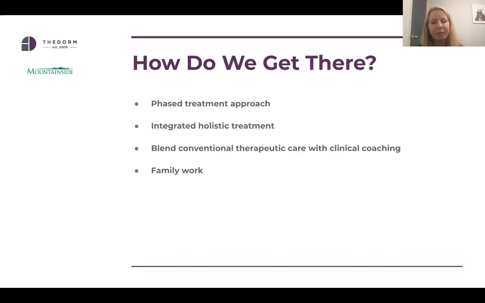And I think that this is also key in terms of the aftercare to the aftercare, is that family work is also an ongoing process and you don't just graduate from doing family work. The family system is a very interesting system, and the tendency is always going to be to go back to that original homeostasis.